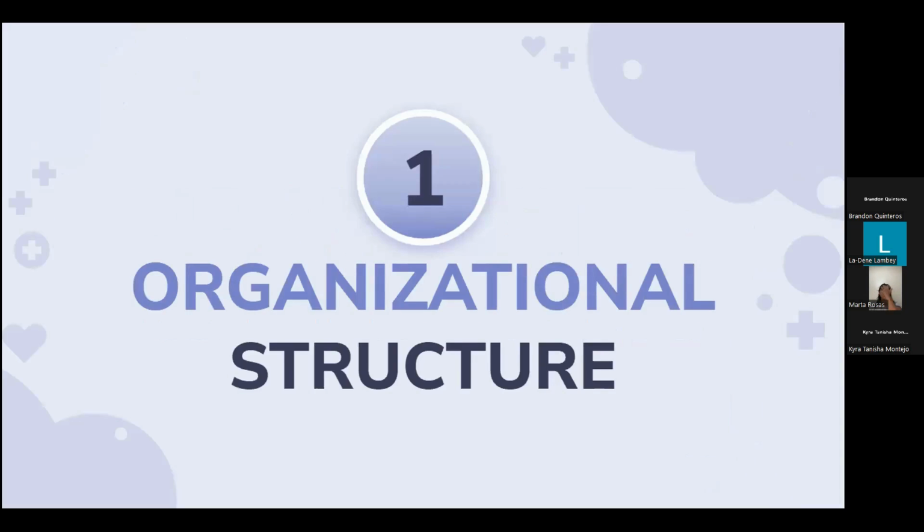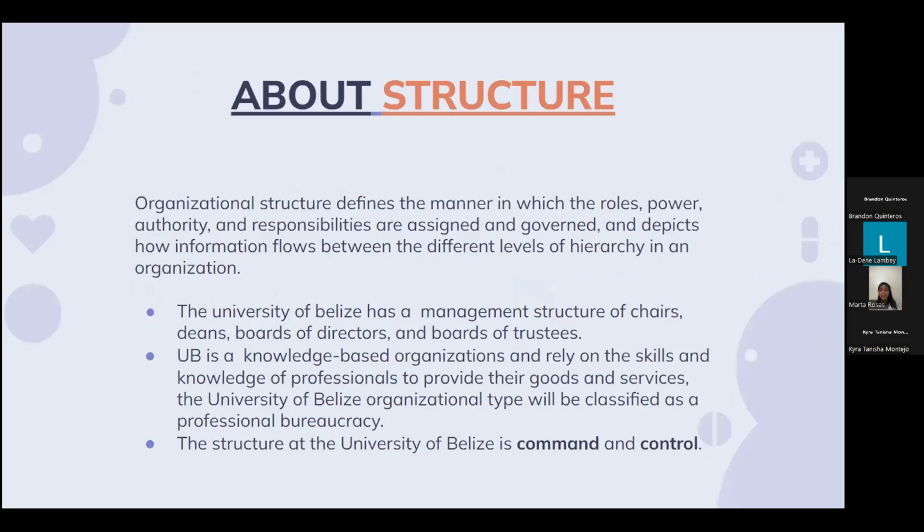We now move on to the organizational structure. The organizational structure defines the manner in which roles, power, authority, and responsibilities are assigned and governed, and depicts how information flows between the levels of hierarchy in an organization. The University of Belize is a professional bureaucracy. They engage in a professional manner, responsible to carry out policy and regulation of the institution.